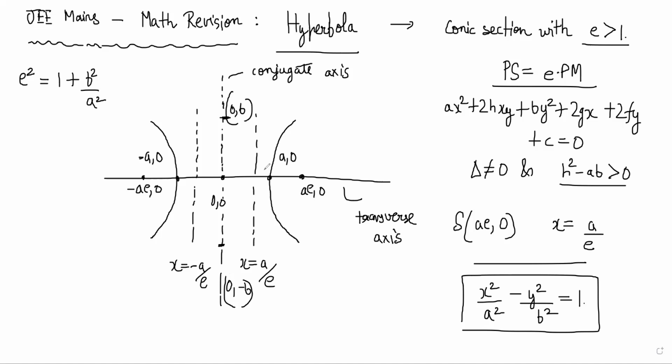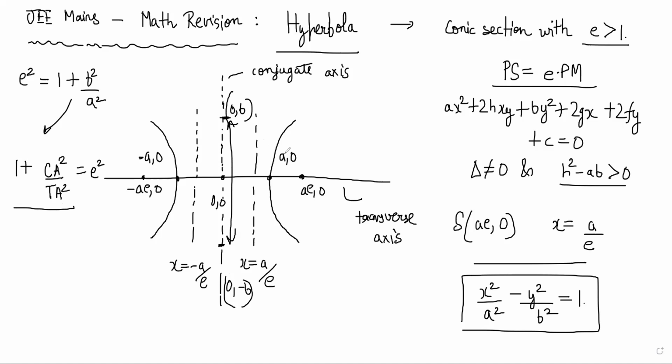Now these are your standard things to know. So eccentricity can be written as 1 plus conjugate axis square by transverse axis square. That is your e square. So conjugate axis length will be 2b and transverse axis length will be 2a.